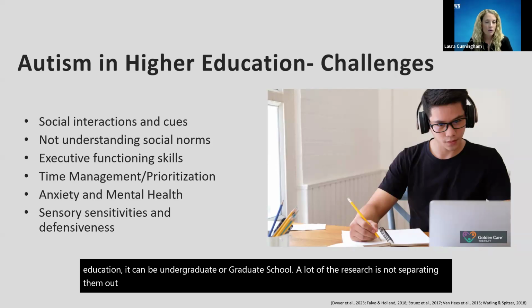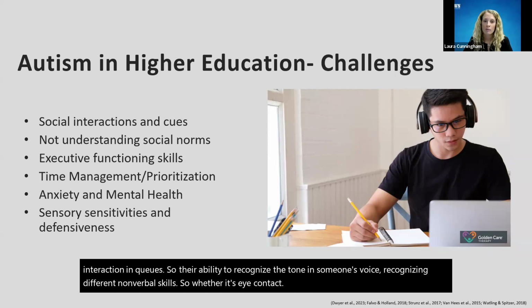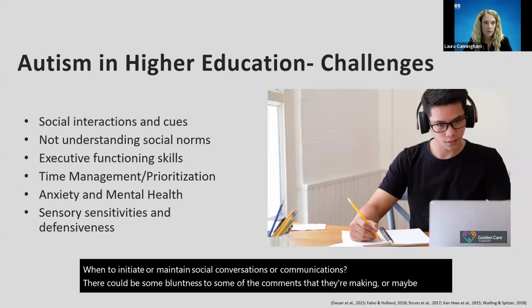So some common challenges with autism are going to be challenges with social interaction and cues. So their ability to recognize the tone in someone's voice, recognizing different nonverbal skills. So whether it's eye contact, when to initiate or maintain social conversations or communications. There could be some bluntness to some of the comments that they're making, or maybe the emails they're interacting with you.